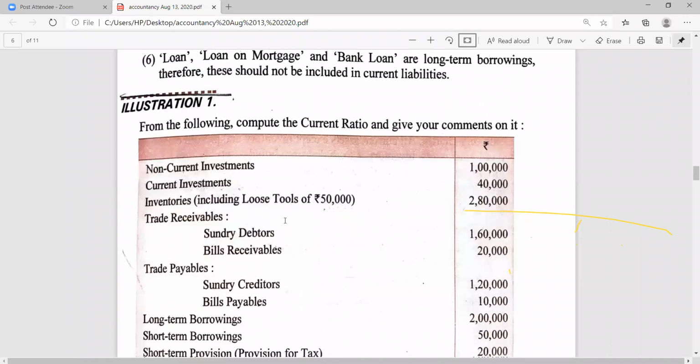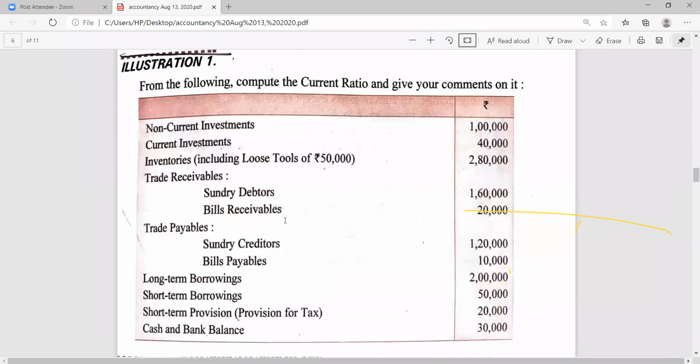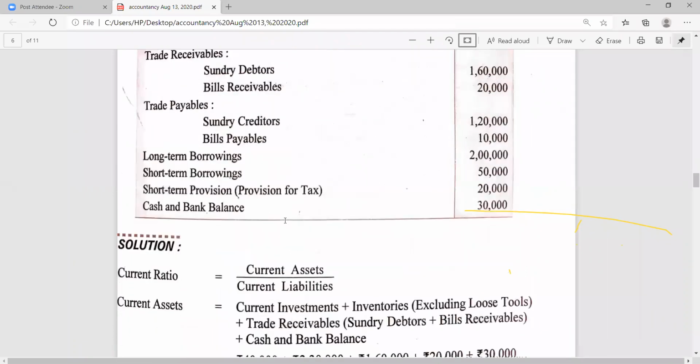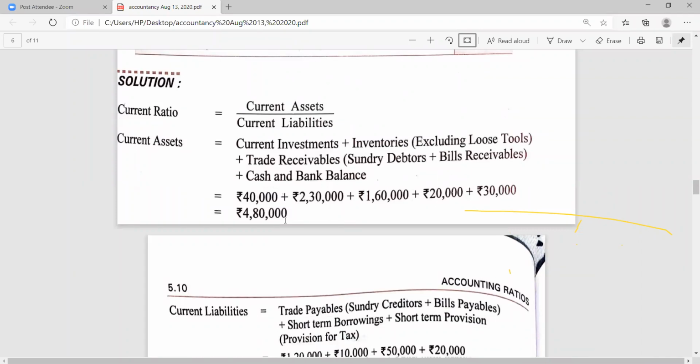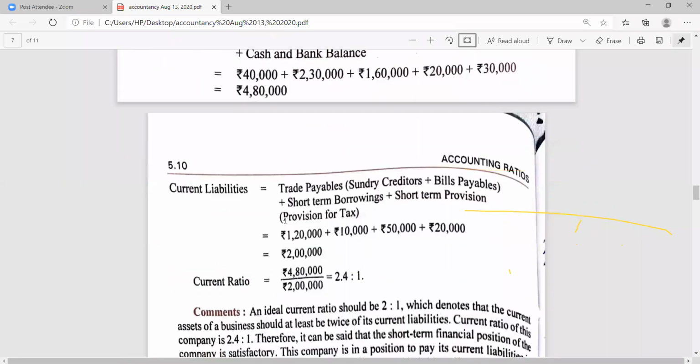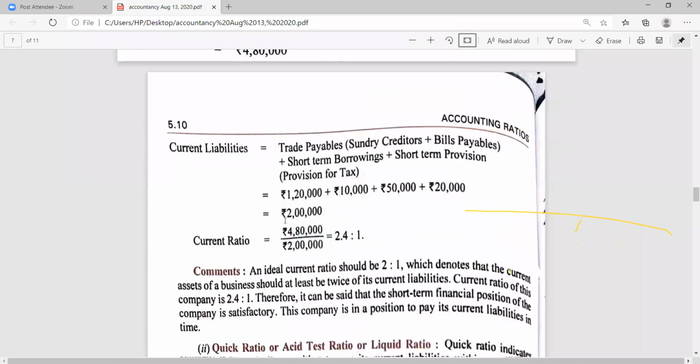Then we did illustration number 1, in which various items are given to us. We have to identify which belongs to current assets and which belongs to current liability. After calculating the value of the current assets and the value of current liability, you have to calculate the current ratio. And after calculating the current ratio, you have to comment whether the short-term financial position of the business is satisfactory or not.